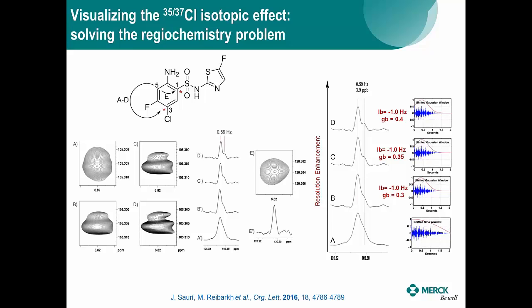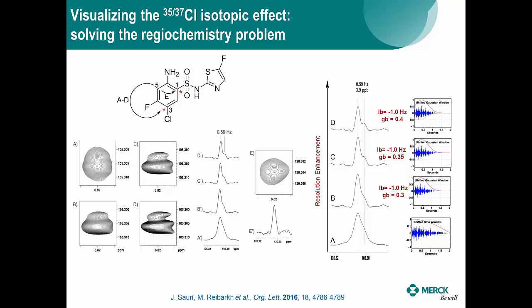Now we know that the carbon resonating at 105 has this isotopic shift pattern, so this is the carbon that is actually attached to the chlorine. Indeed, when we run the same experiment and look at the other carbon, carbon 1, in panel E, which resonates at 120, there was no isotopic shift at all, even when we used resolution enhancement to process the data.